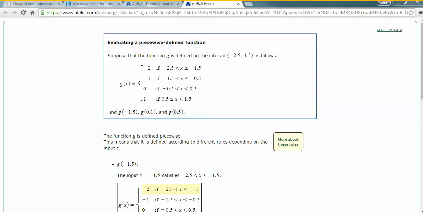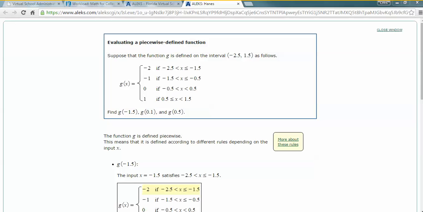Suppose that the function g is defined on the interval -2.5 to 1.5 as follows. It says g of x, and it's got that big squiggly line thing. I don't even know what that's called. But it says it's going to be -2 if -2.5 is less than x, which is less than or equal to -1.5.